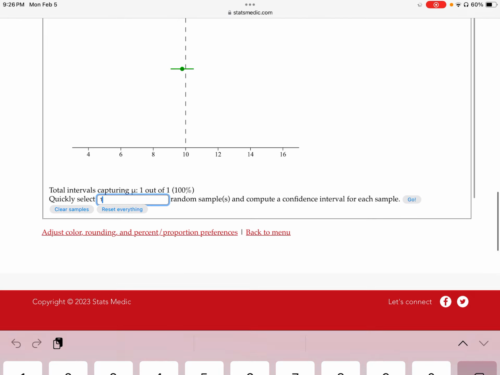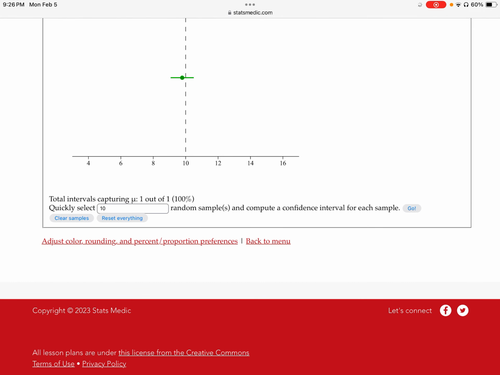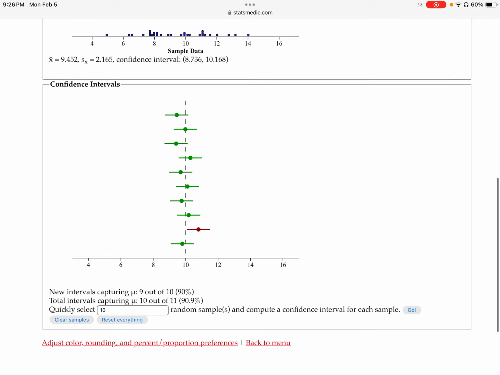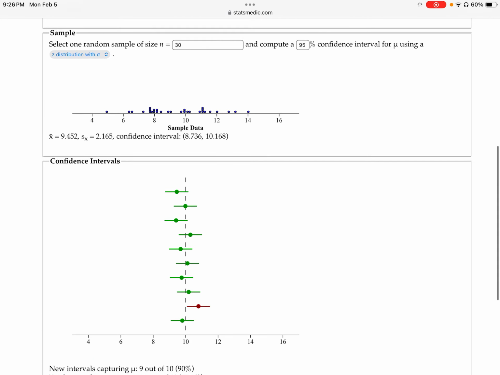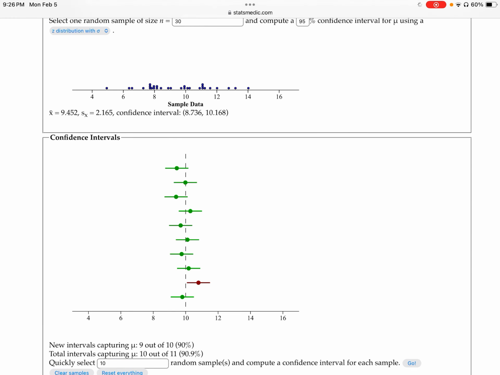You can quickly do more. You could say, well, do that again. Do that 10 more times and compute a confidence interval for each one. Now hit go. And so it did it 10 times. Now it doesn't show you all 10 of them up here, but I think it shows you the most recent one.